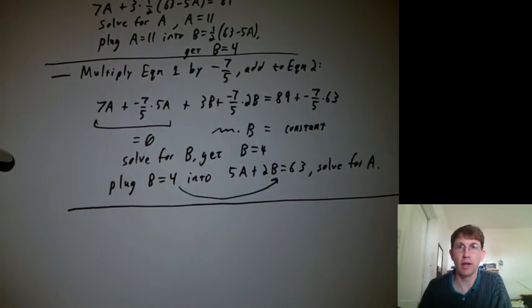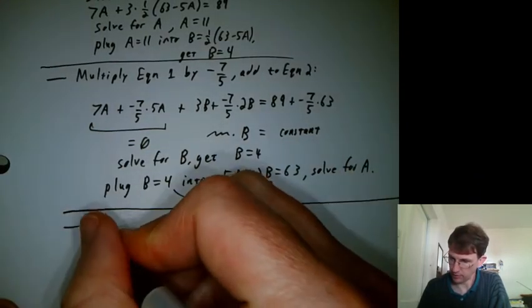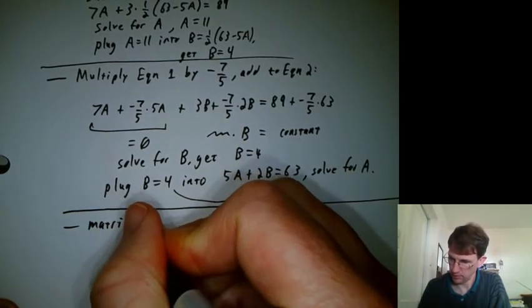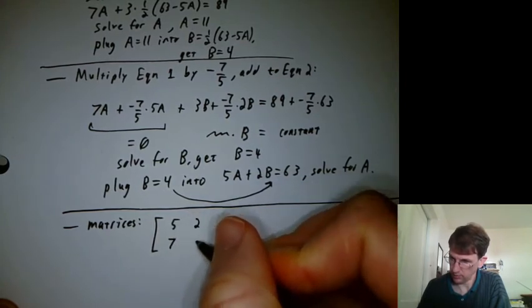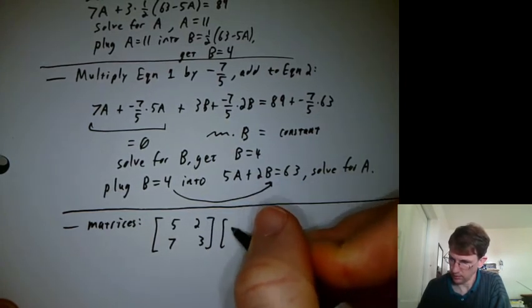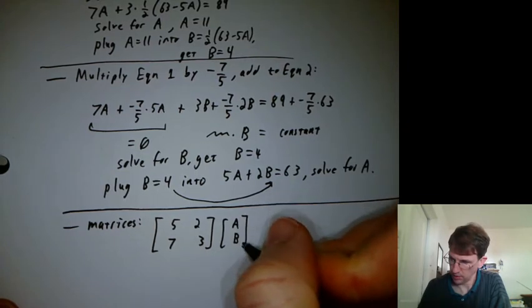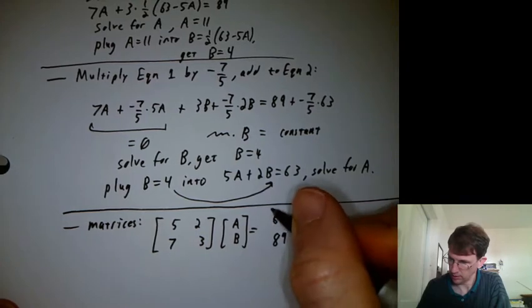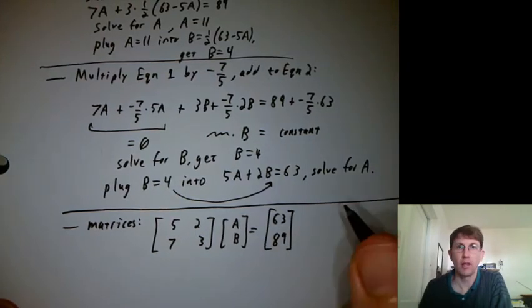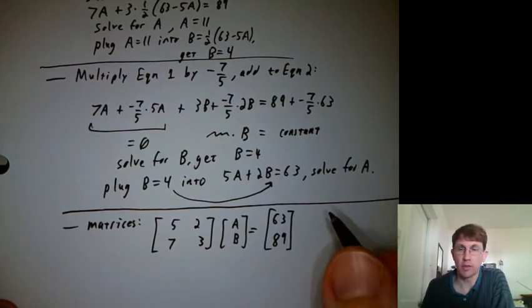You could rewrite it as a matrix problem. That's actually a good idea. You could rewrite it as 5, 2, 7, 3 times A, B equals 63, 89. And then how are we going to solve that matrix problem?